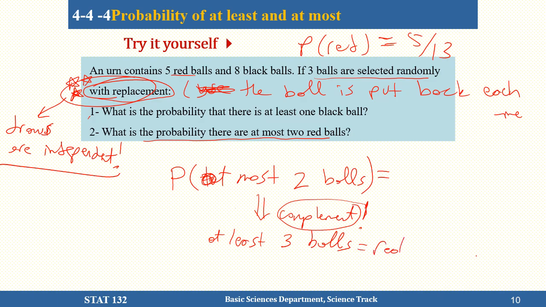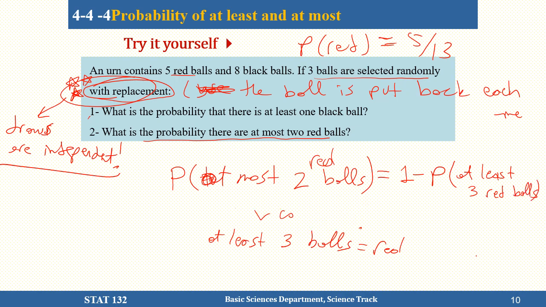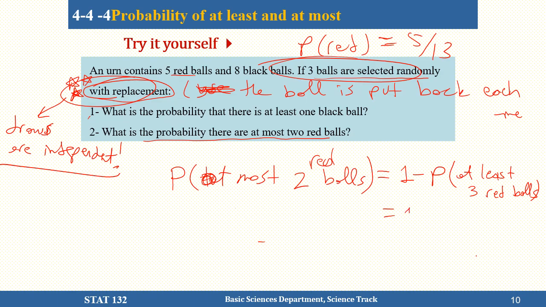So at most two red balls means its complement, so opposite, is at least three balls red. So here we can write 1 minus the probability that we have three red balls. But the at least here is unnecessary because we only have three balls. So three balls selected means we have three red balls.